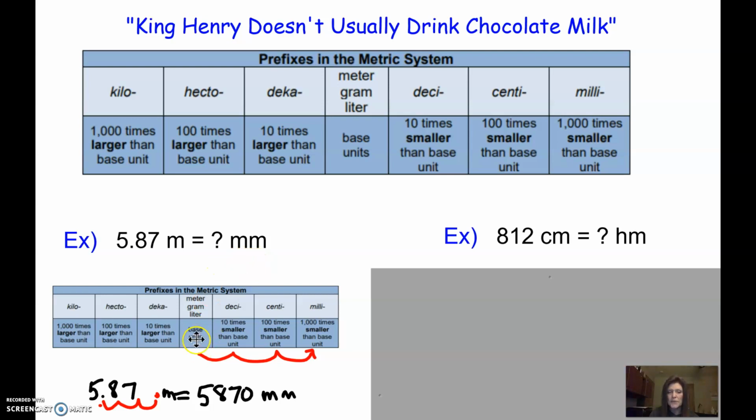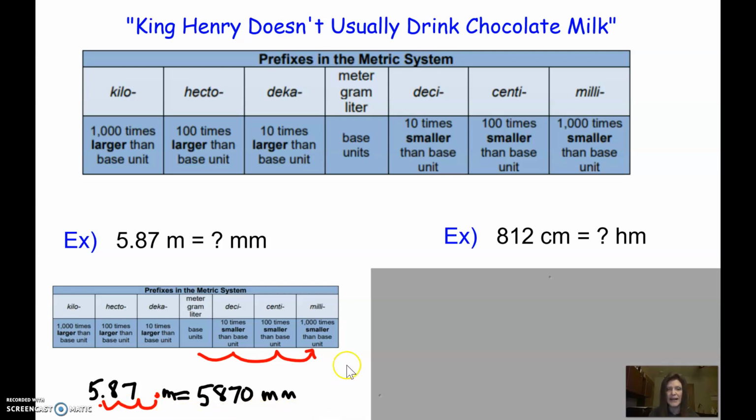So I hop from the meters 1, 2, 3 hops to land at the millimeters. The way I'm moving tells me which way to move my decimal point, and the number of moves tells me how many places to move. So I move it 1, 2, 3 places, and I have to add a 0. So 5.87 meters is 5,870 millimeters.